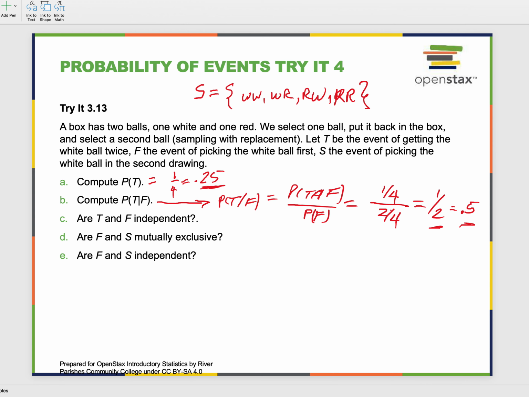What are F and S? F is picking a white ball first. S is the event of picking the white ball in the second drawing. Are F and S mutually exclusive? What do you get for that? Well, what's mutually exclusive again?